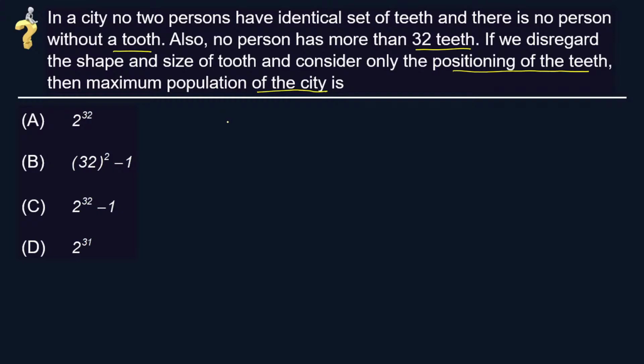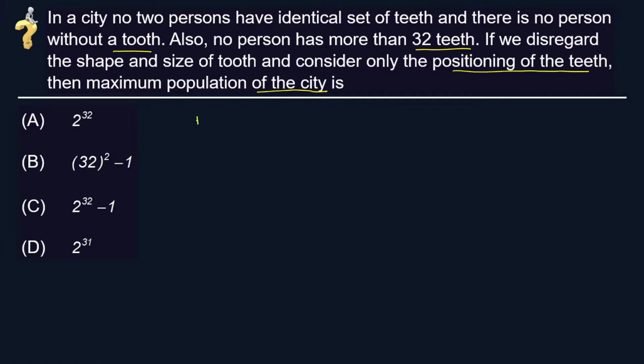And all of the persons will have different teeth. All are distinct. Now, we have to find the maximum population of the city. It means that we have to find out how many such persons are there having different sets of teeth.